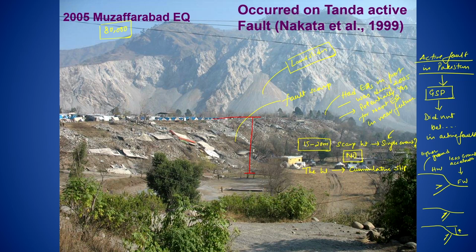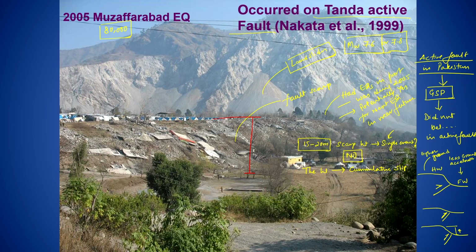So this fault has the potential to host big earthquakes of magnitude, because the magnitude was around 7.6 moment magnitude or 7.8. So this fault has the capability or potential to host large magnitude earthquakes in the near future also.